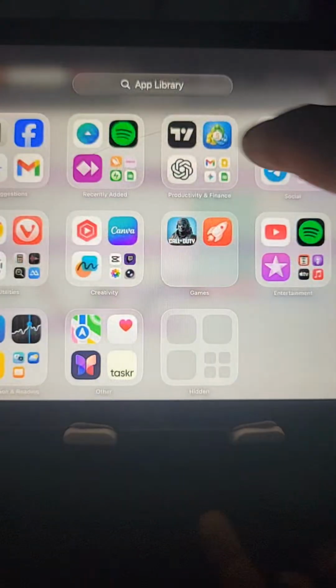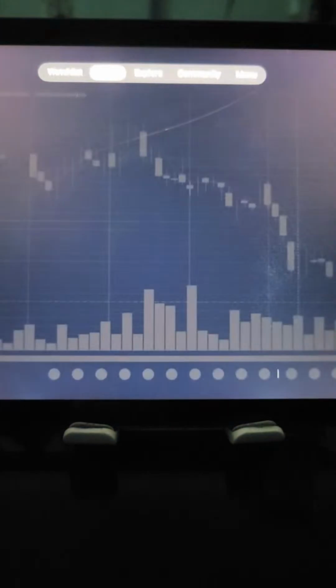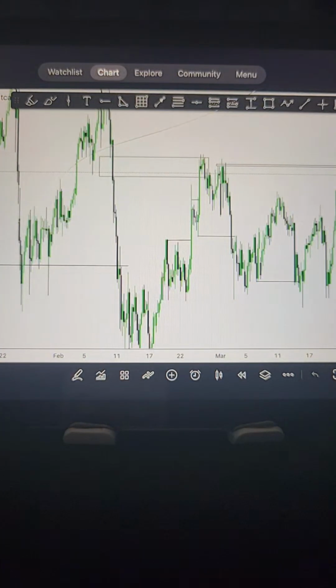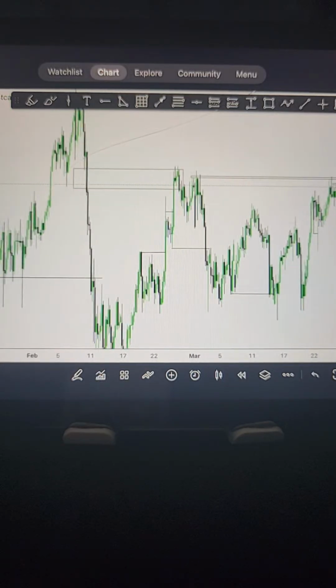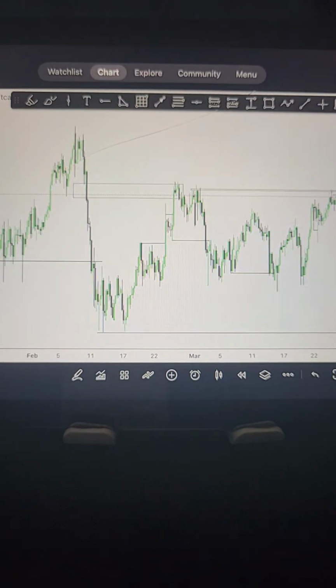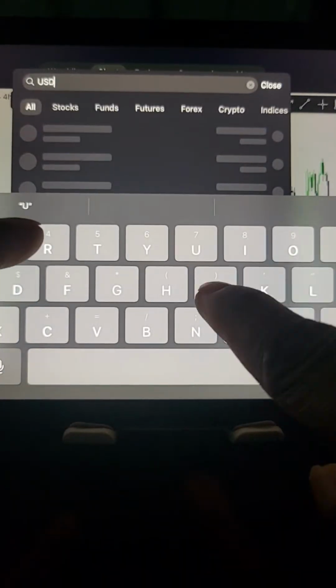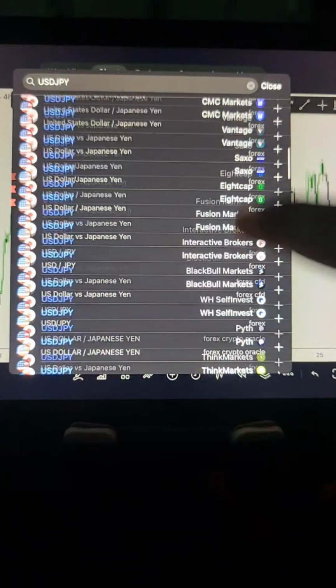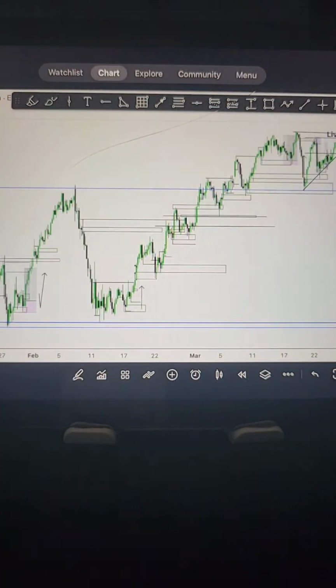So let me switch to forex assets. So let's see what is going on USD JPY. Alright, so this is USD JPY. USD JPY has been bullish since last week.